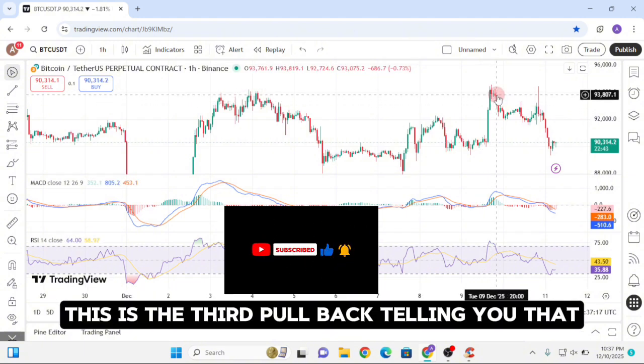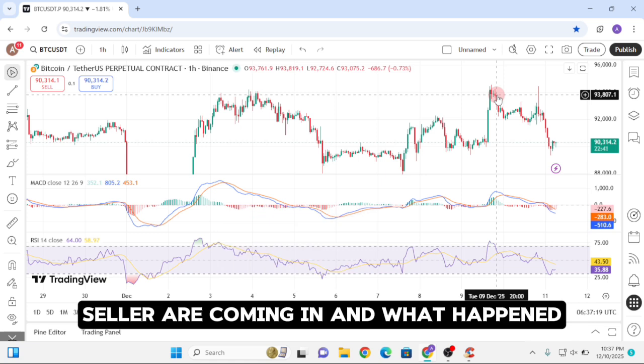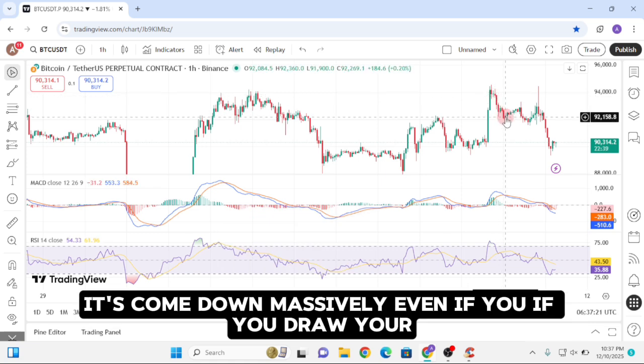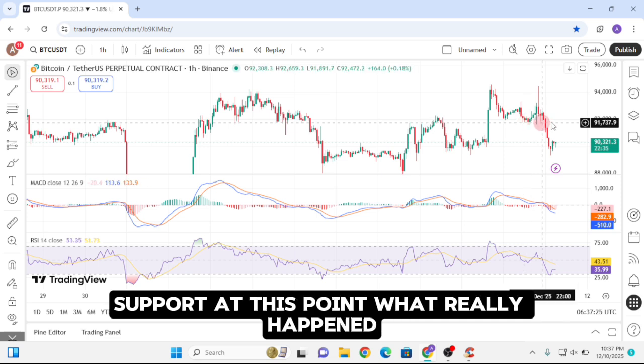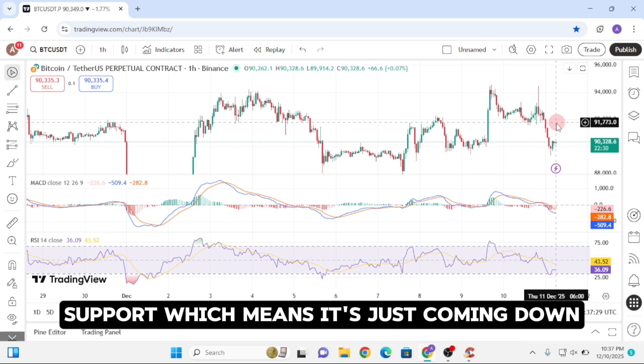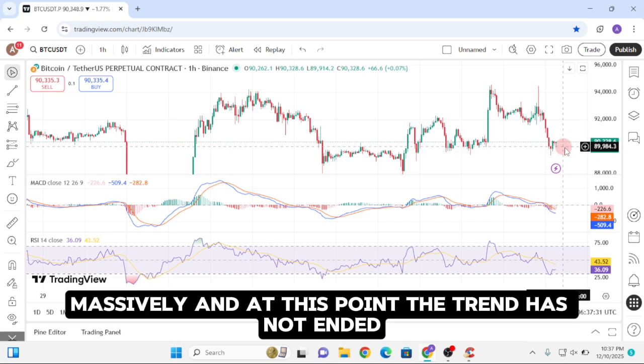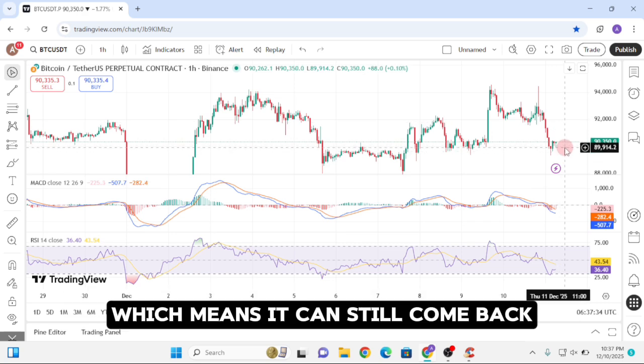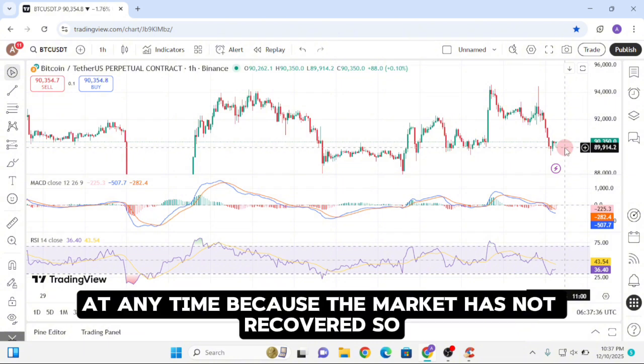This is the third pullback, telling you that sellers are coming in, and what happened is it came down massively. Even if you draw your support at this point, what happened here is it broke the support, which means it's still coming down massively. And at this point, the trend has not ended, which means it can still come back at any time because the market has not recovered.